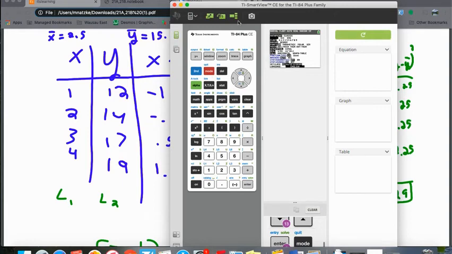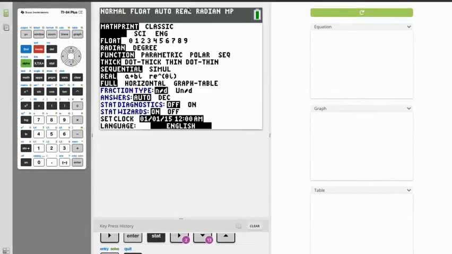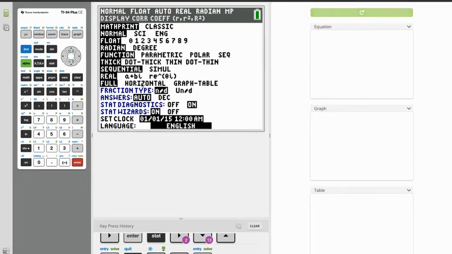If you go to mode, I'm just going to blow this up a little bit so maybe you can see it. So I clicked on mode, and then you have to go down to stat diagnostics. If you notice, mine says off. We want to turn that on. So that's the first step: mode, down to stat diagnostics, turn those on.